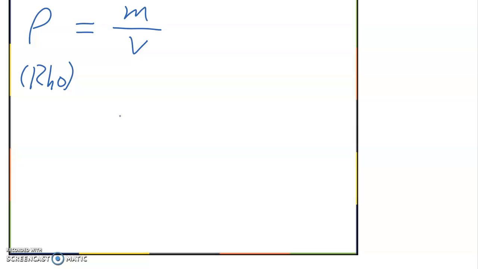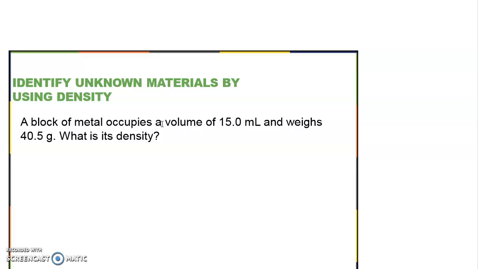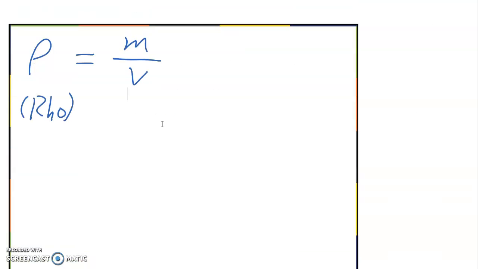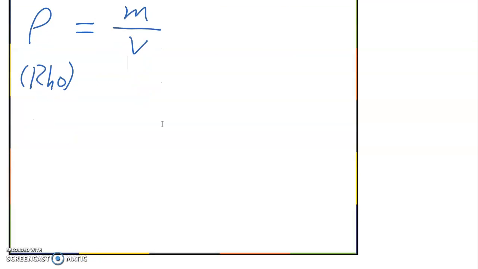Okay, let's look at an example. A block of metal occupies a volume of 15 ml and weighs 40.5 grams. What is the density? Before we do anything, let's look at what should be the unit for density. The SI unit for mass is kilogram, and the SI unit for volume is cubic meter.